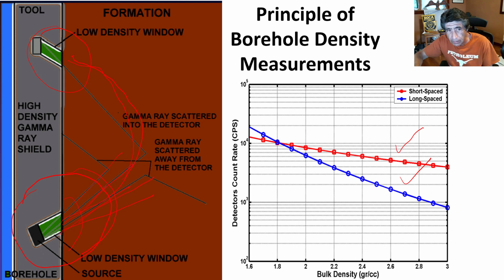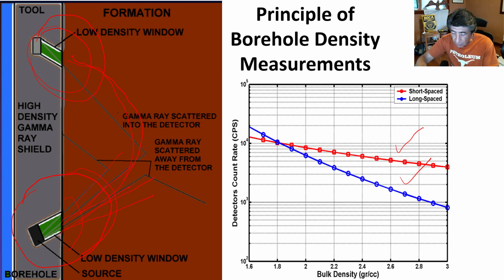And this is what this plot is intended to show. We know that these detectors are continuously counting how many gamma rays impact them per unit time. That's what we call the count rate, the number of gamma rays per unit time. The source is a constant source, or we can assume that it's constant, so it emits the same number of gamma rays regardless of what medium the gamma rays are sent to.